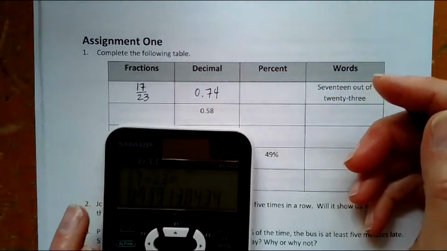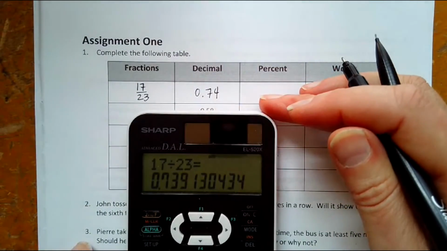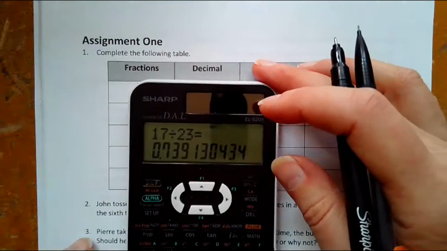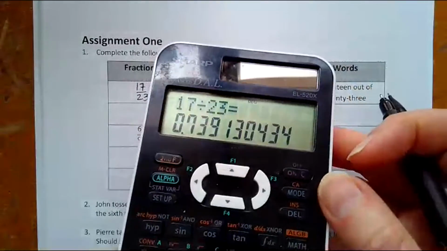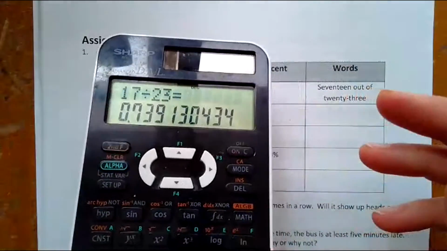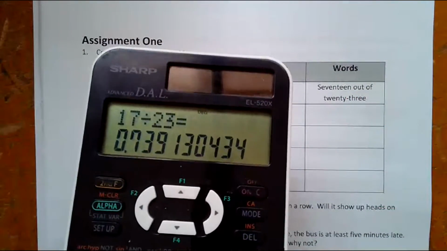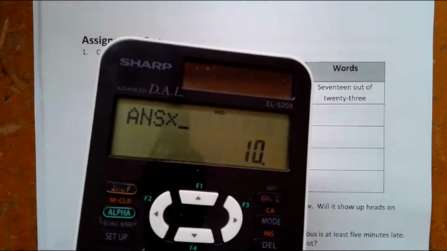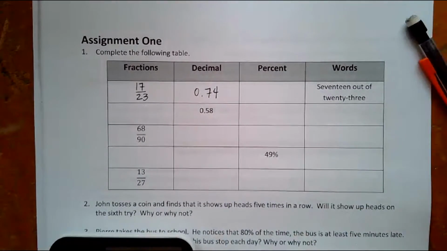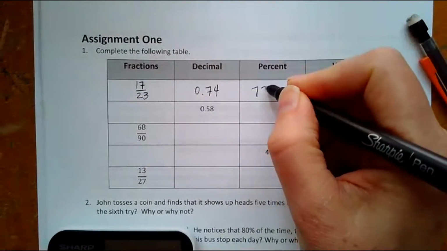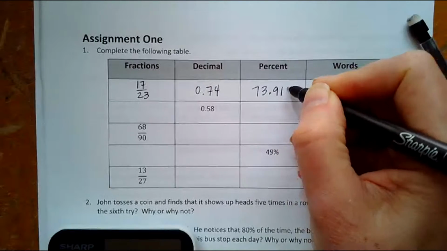Okay, and then how do I get from here to here? Now, this is the tricky part. Because this is a 2 decimal course, everything has to be in 2 decimals. I'm just going to hold my calculator up, and I hope you can see. So I have to leave the whole decimal number in my calculator and then multiply by 100. And that gives me a percent of 73.91.